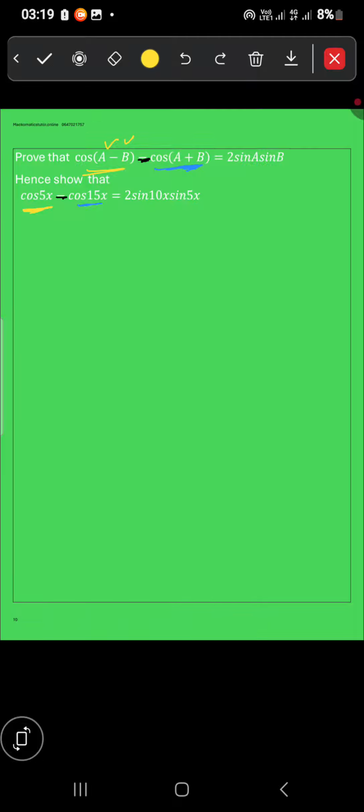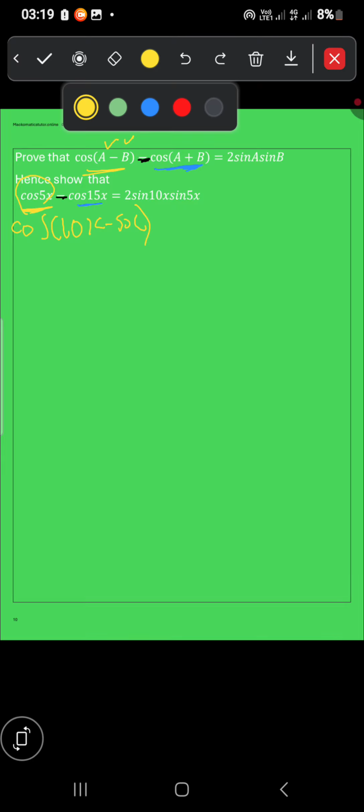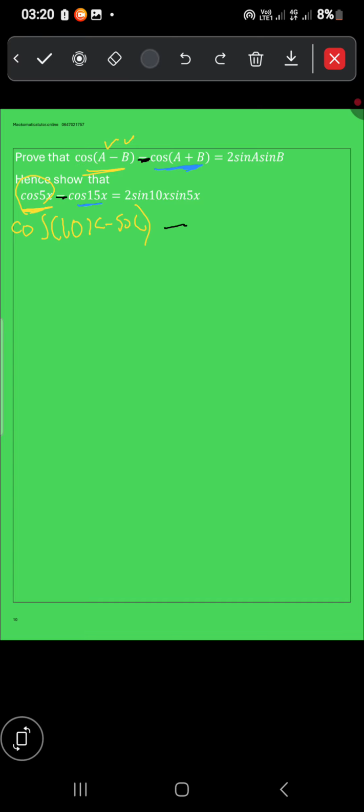So for the first, this is cos of 10x minus 5x. Then subtract cos of 10x plus 5x. Then from here we expand.